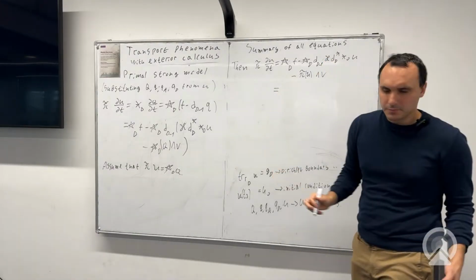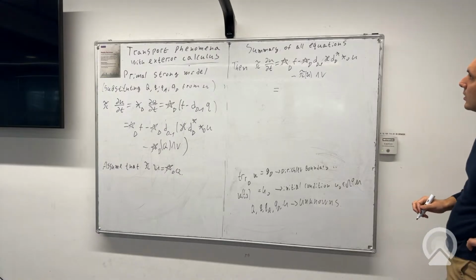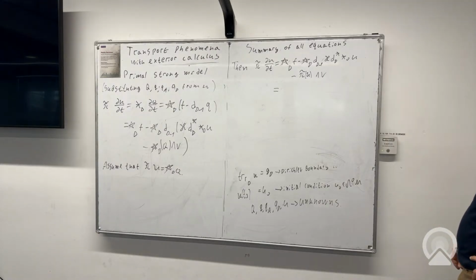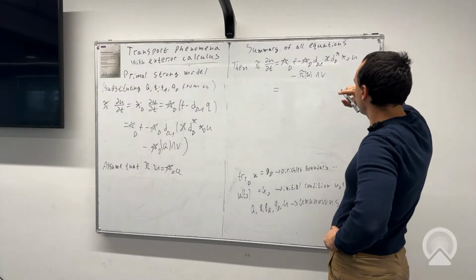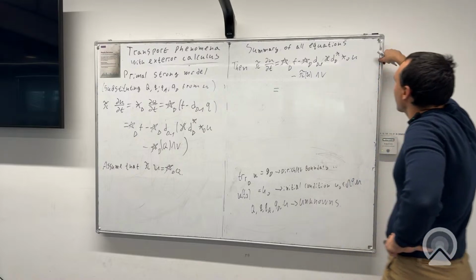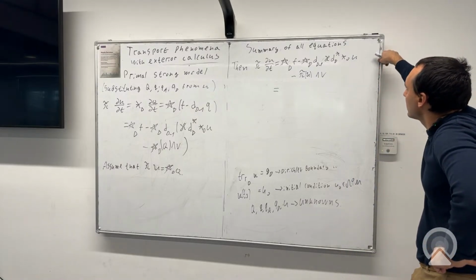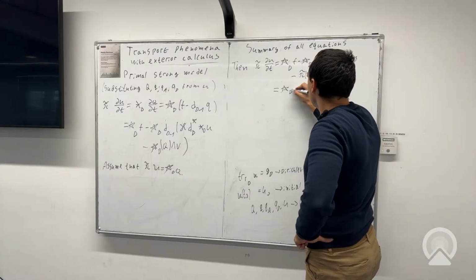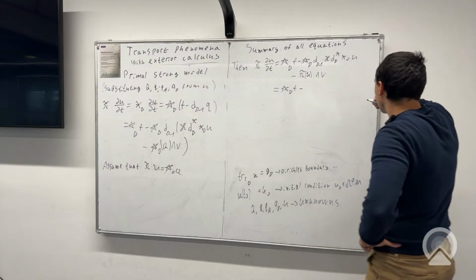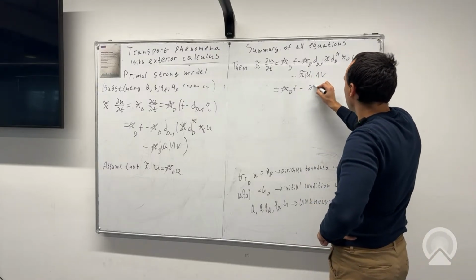This thing here, if I replace this, this should be, I'm not sure about the sign, but this should be star d of f plus or minus, let me think about it, kappa tilde.